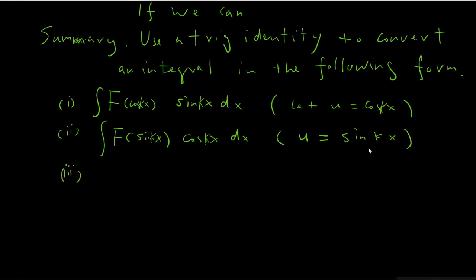The third type, I believe you can guess. For instance, in the second type, you write one factor in terms of sine of kx, so the other factor is the derivative of sine. I think Tyler sort of wrote the answer on the screen, you could compare it with your answer.